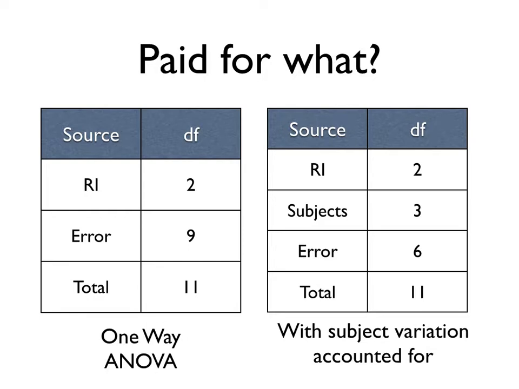Any design has a finite amount of variance and a finite number of degrees of freedom. And that doesn't change. Within any set of data, there's variance.